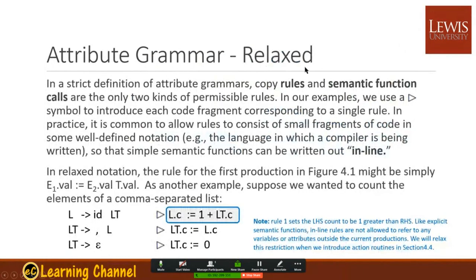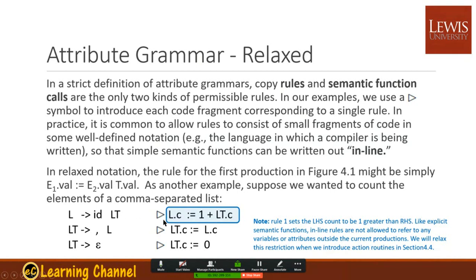So attribute grammar, a reduced version. In the strict definition of attribute grammar, copy rules and semantic function calls are the only two kinds of permissible rules. In our example, we use this right-pointing triangle symbol to introduce each code fragment corresponding to a single rule. In practice, it is common to allow rules to consist of small fragments of code in some well-defined notation, so that the simple semantic function can be written inline.